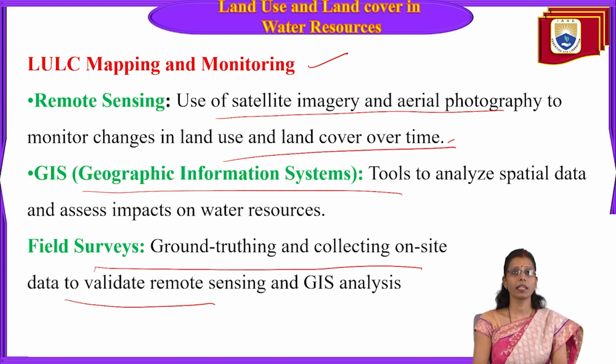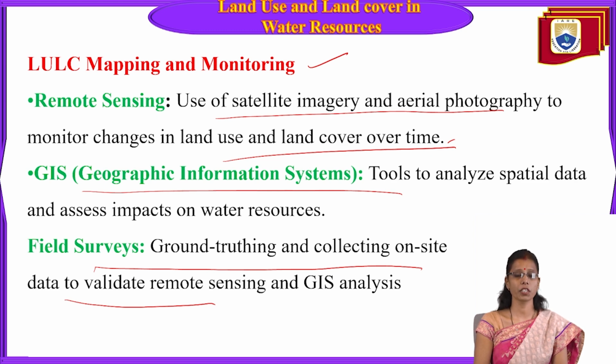So this land use and land cover mapping and monitoring is possible with the help of remote sensing, GIS, and field surveys. Remote sensing is the source from where we find the data, and we map these areas after flood, before flood, before rainfall, after rainfall.